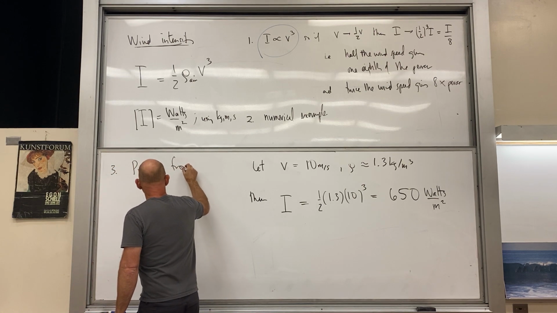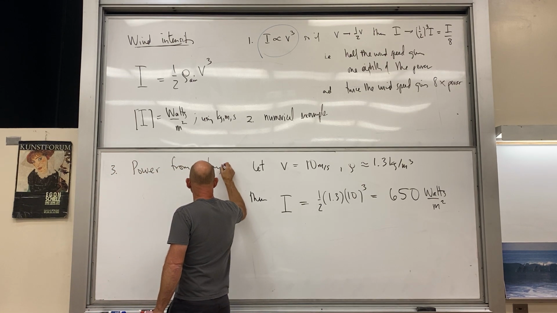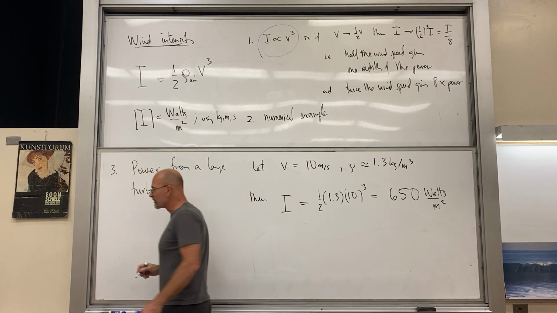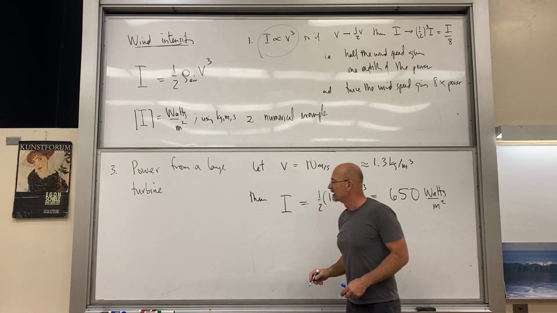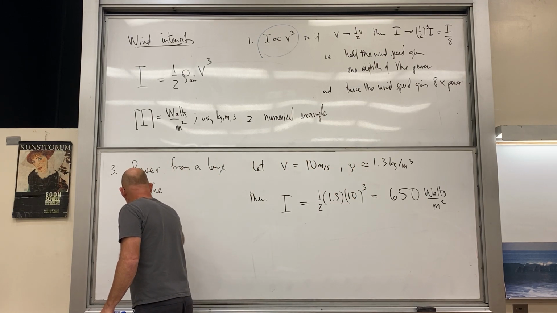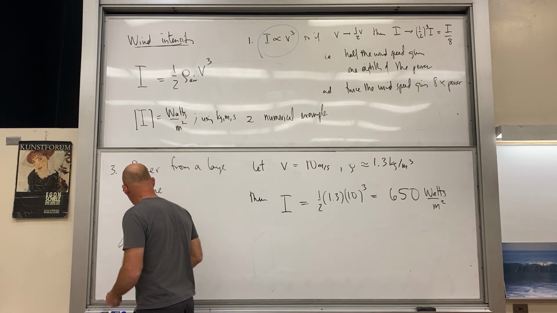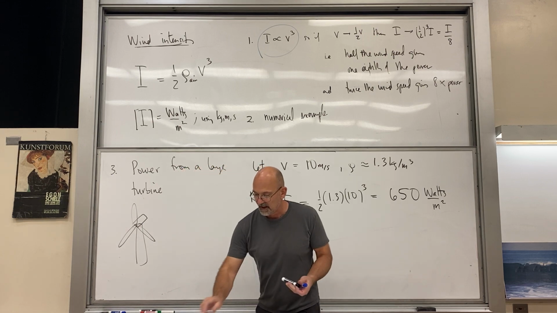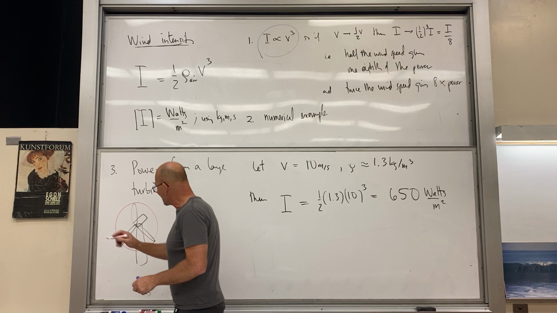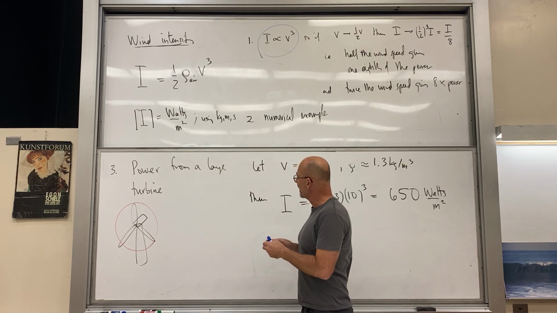The next thing is power from a large turbine. Okay, you want to do the power from a large turbine. And so here I'll draw the picture. These are the large turbine, and this thing sweeps out a circle of radius r.